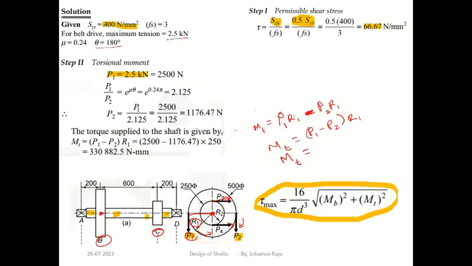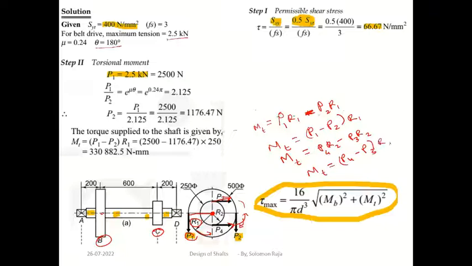One is acting clockwise, the other counterclockwise. P3 is acting clockwise, but P4 is acting counterclockwise. So MT equals (P4 minus P3) into R2.